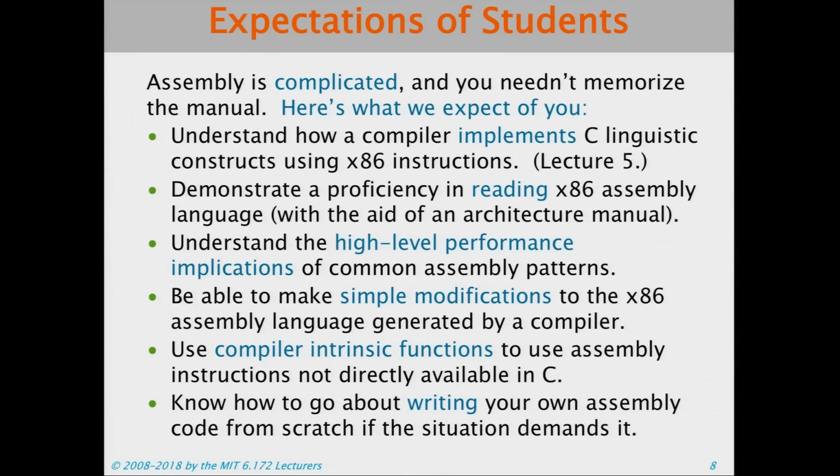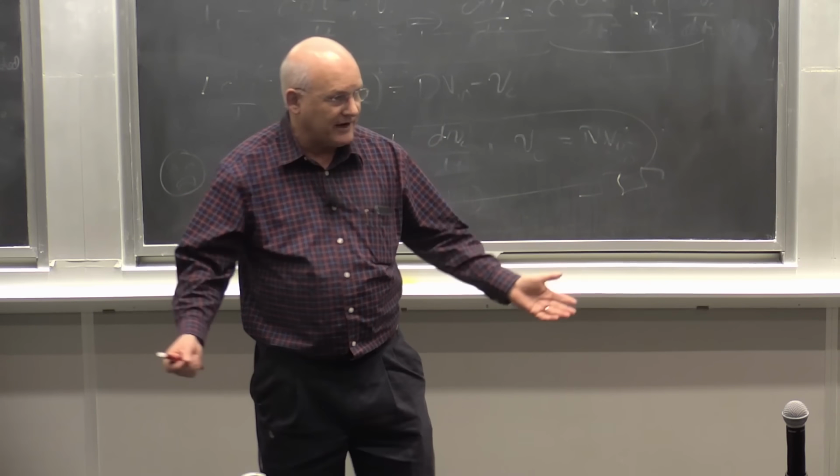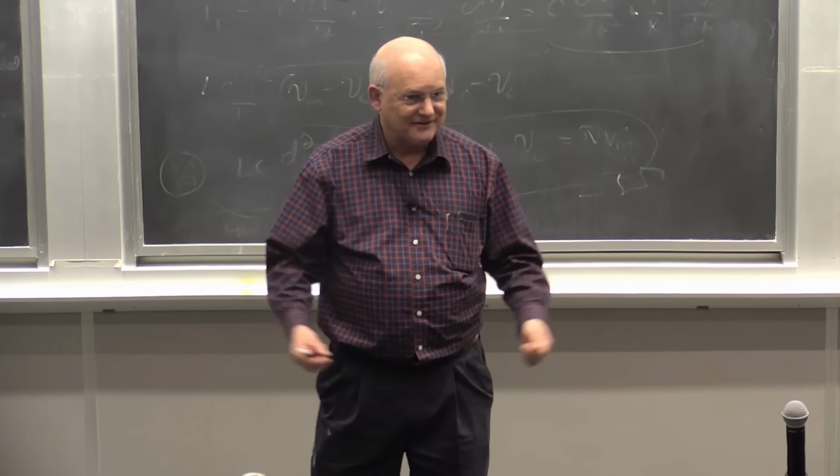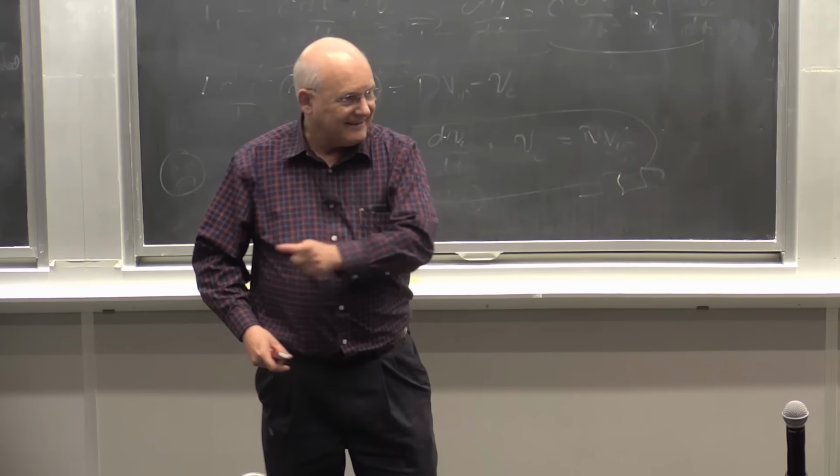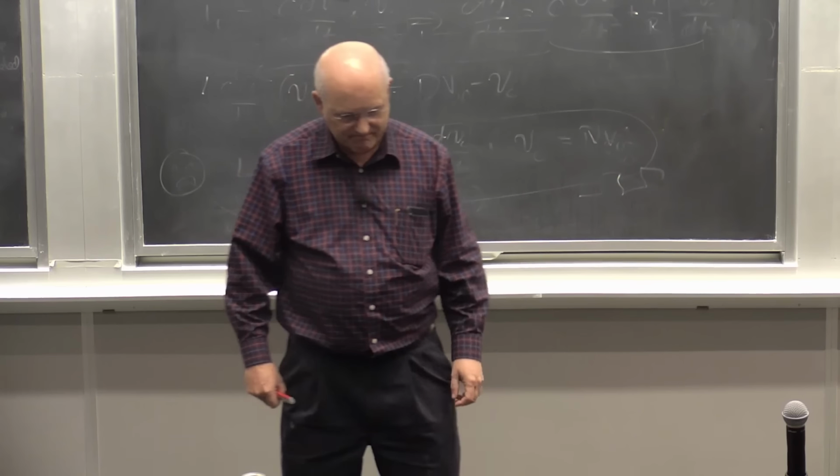You should understand the high-level performance implications of common assembly patterns. So what does it mean to do things in a particular way in terms of performance? Some of them are quite obvious. Vector operations tend to be faster than doing the same thing with a bunch of scalar operations.